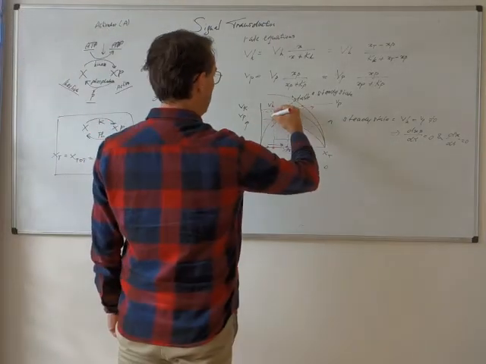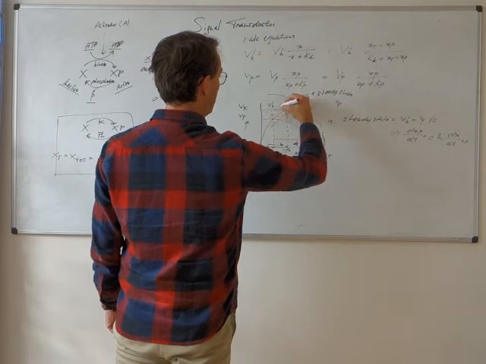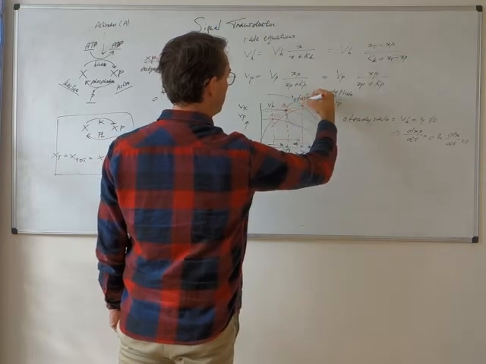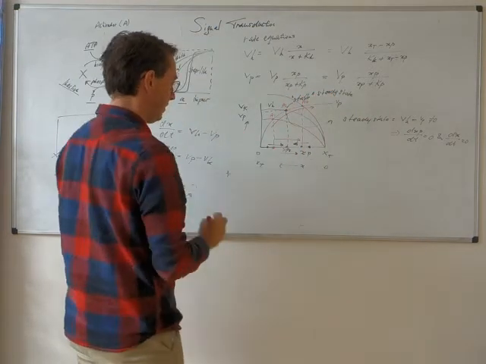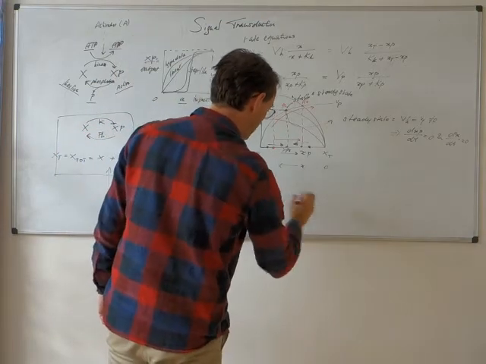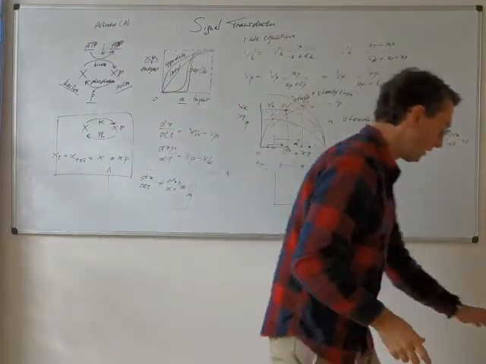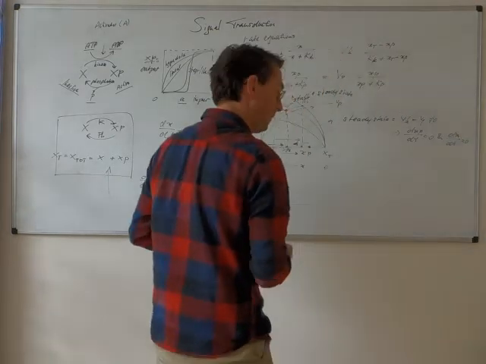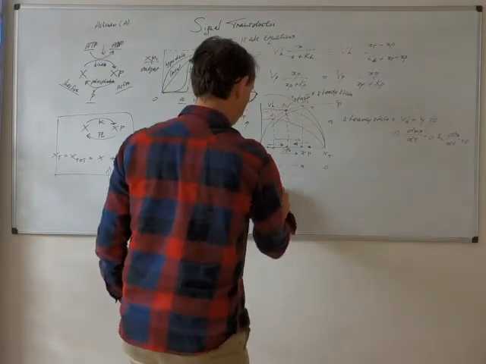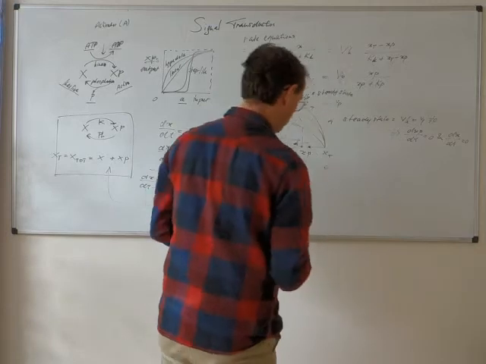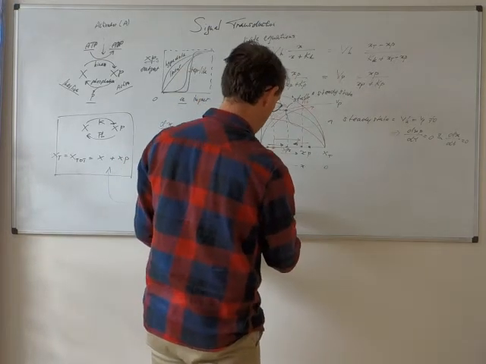So if this is activator concentration 1, activator concentration 2, activator concentration 3, now we can make a plot. Let's do it in black again, because it's more visible.